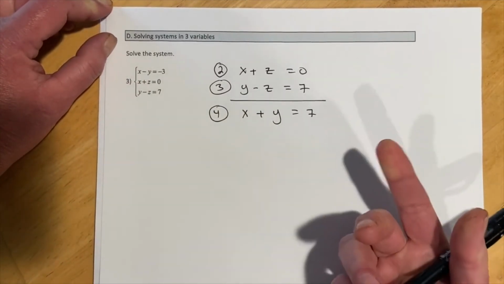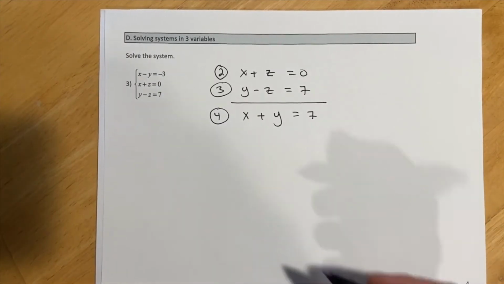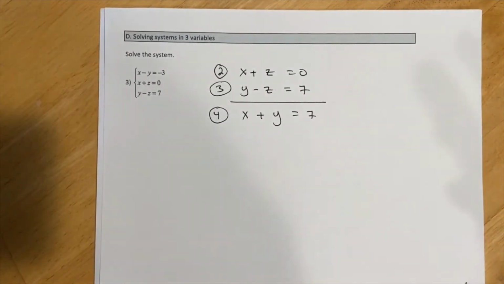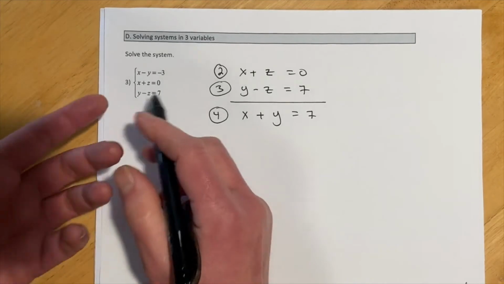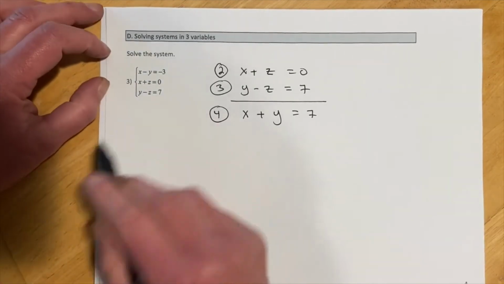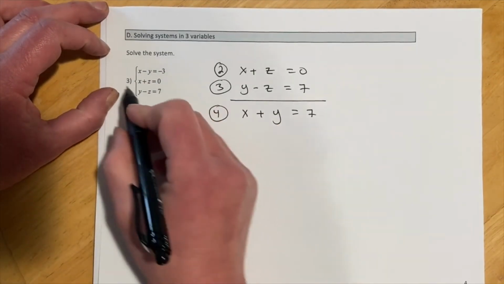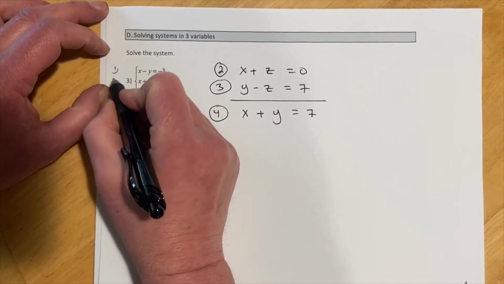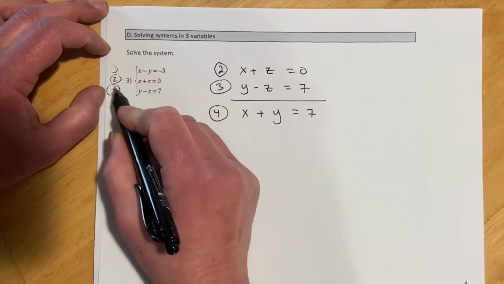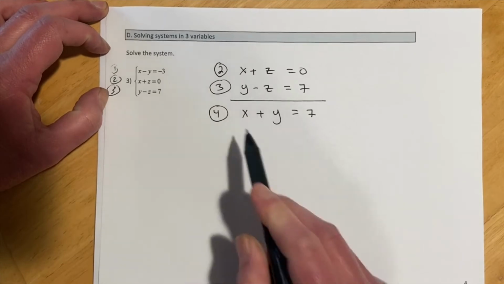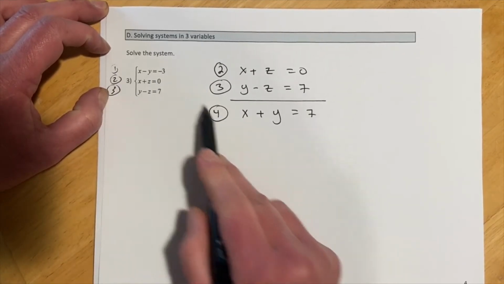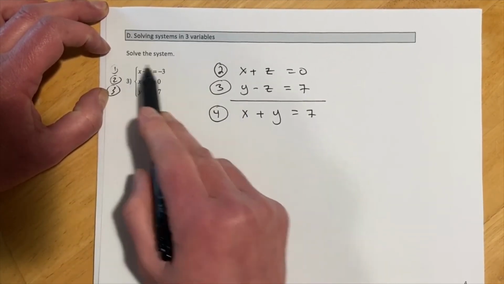What you'll see in the next example is that the next thing I would do is put two more equations together and eliminate. When we have only two variables in any given equation, you don't want to do that. In this case, I've used 2 and 3. All you've got to do is match up 1 and the one I just made, and the variables are going to be the same.